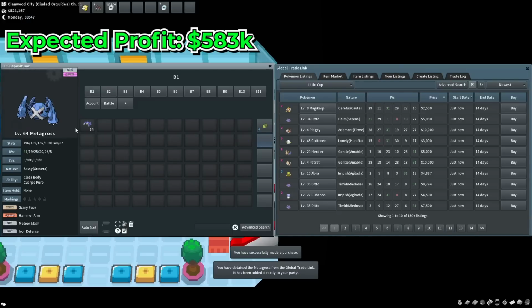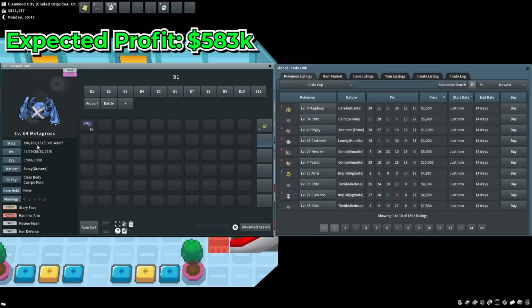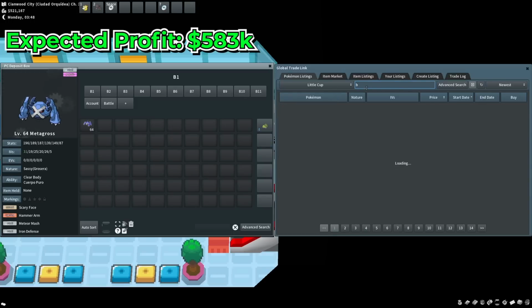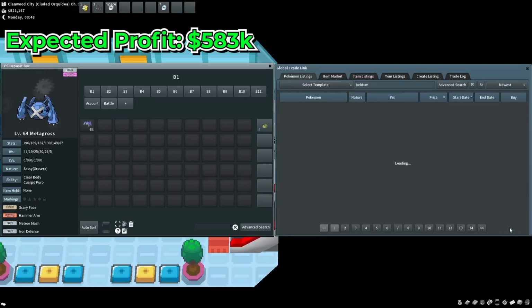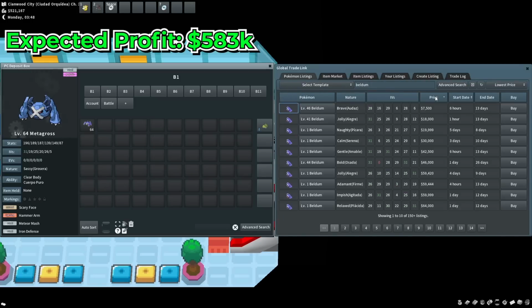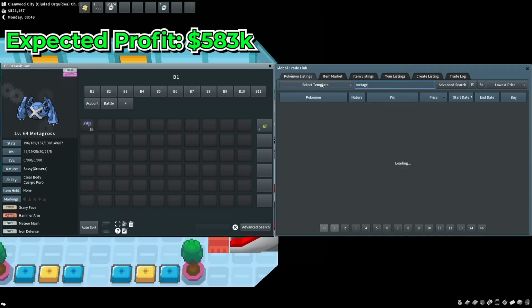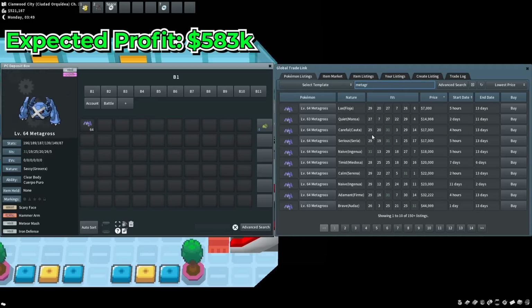Now this Metagross here is a desired species and it has 31 in one stat, but most importantly it has 25 plus in defenses. So let's see how much this goes for. First with Beldum, like this, goes for 18k, and then let's see Metagross, goes for 17k.